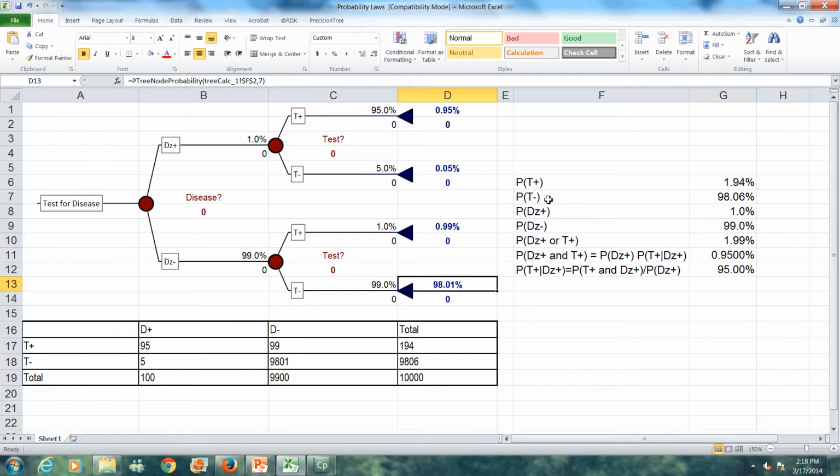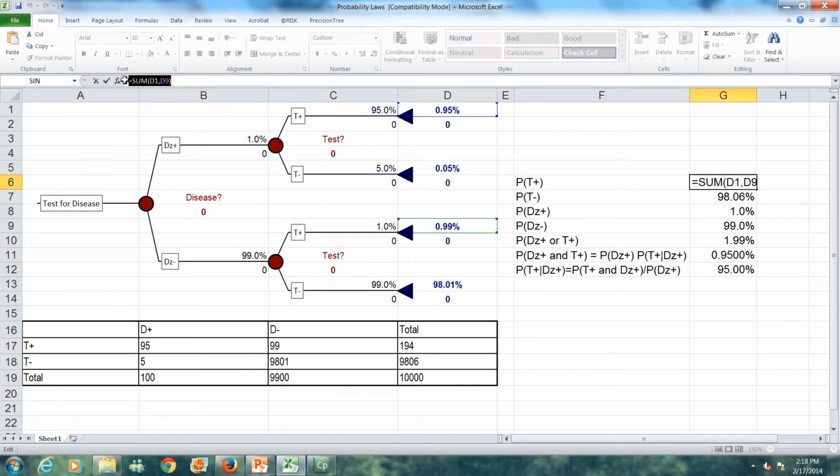So let's take a look at the probability that you test positive. Where would you get this number? Well, it turns out I have two endpoints. Here's a test positive, and here's a test positive. So when I click in this cell, have a look up here at my formula bar, which basically says to get the probability of testing positive, I'm going to add those two numbers.